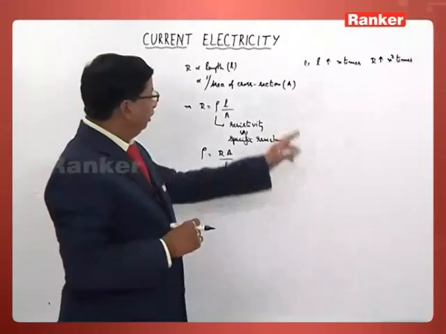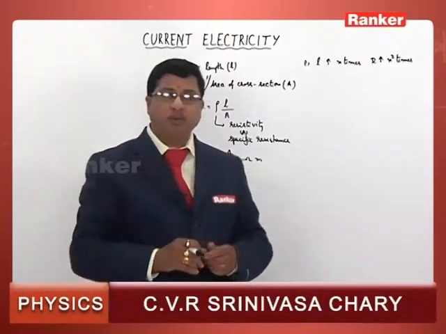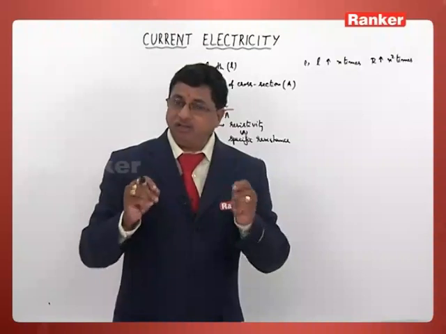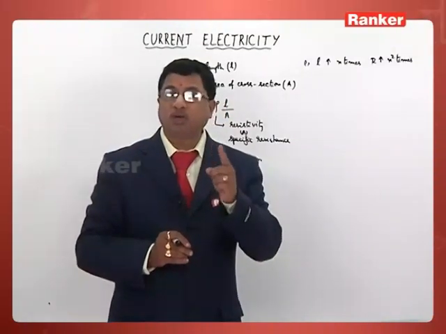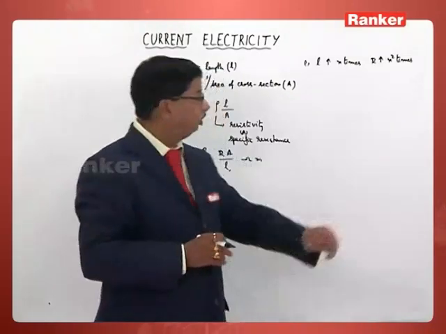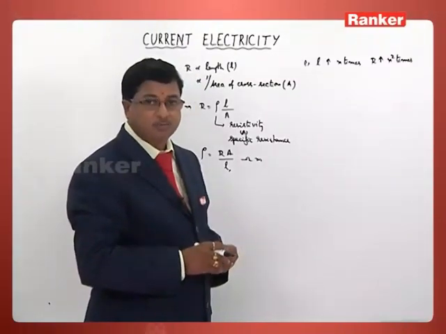Why? L is increasing n times. How can we increase that? By stretching it, I am increasing the length. When I increase that length by n times, the area of cross section becomes 1/nth of the original value. Due to that reason, you will find the resistance becoming n square times.